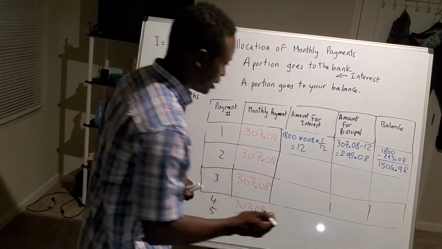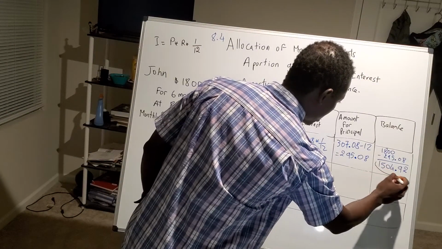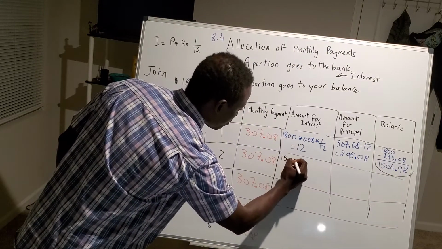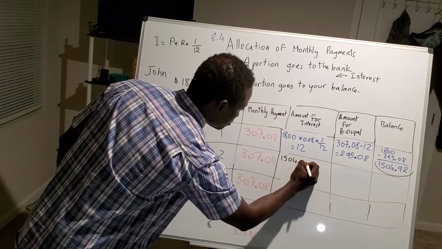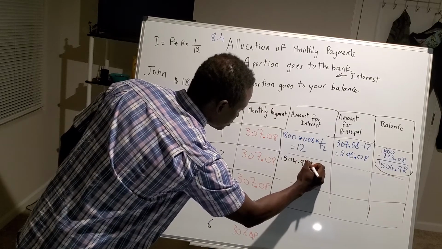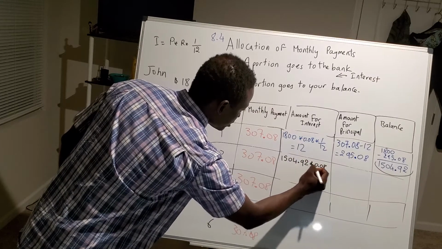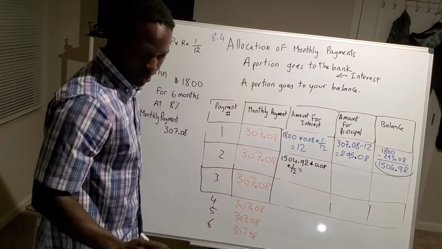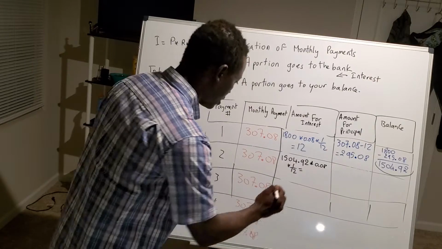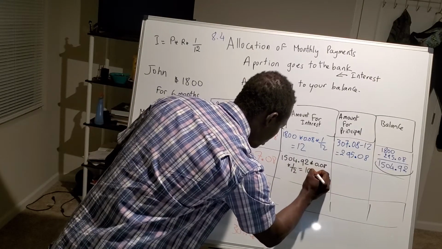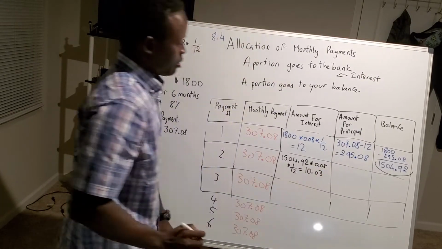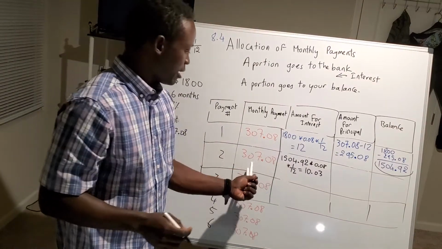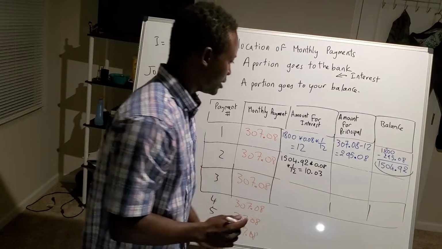Let's use black again. So this is my balance now, right? So I'm going to use 1504.92 times 0.08 times 1/12, right? So the answer tells me it's $10.03. So that means out of this monthly payment, I've got to take out $10.03.